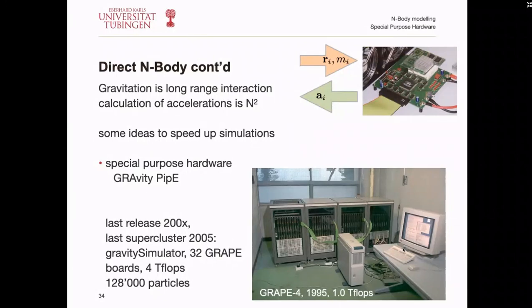And this was really a PCI board. Here you see it on the right-hand side. You plugged it into your computer with the PCI interface, I think PCI Express 8 or so, and then you got a library, and you just throw the positions and the masses on this gravity board, and you get back the acceleration. So this was calculated in hardware.